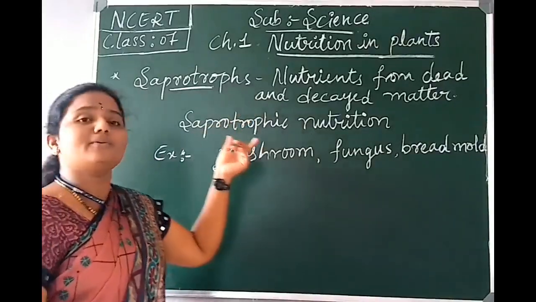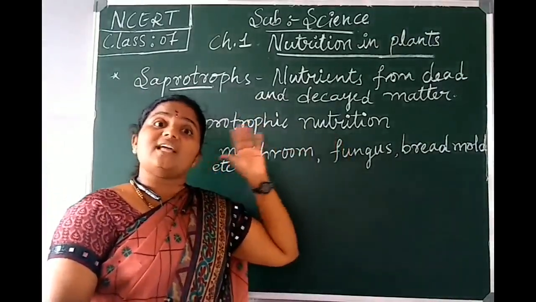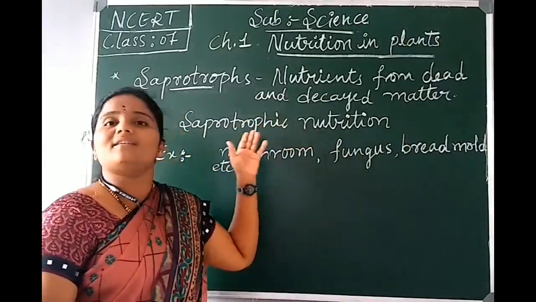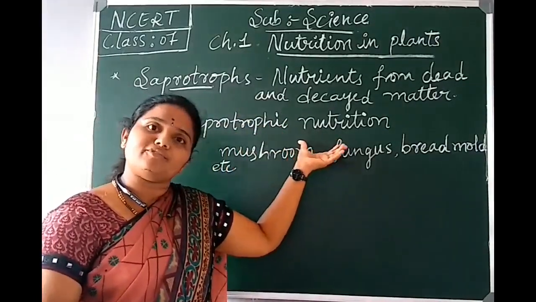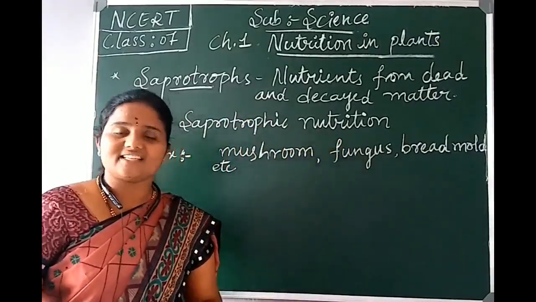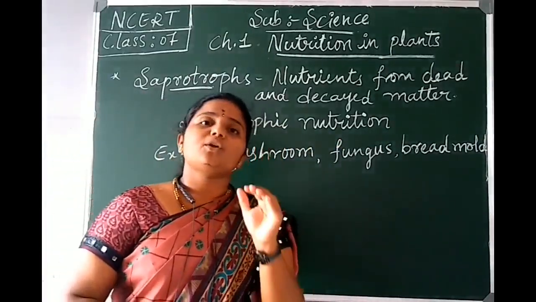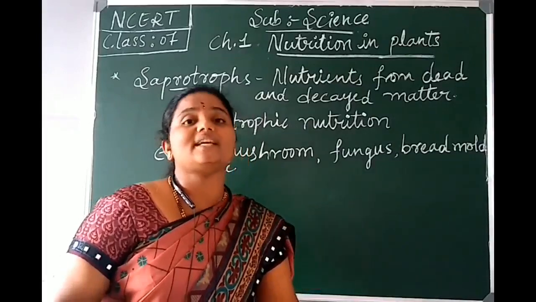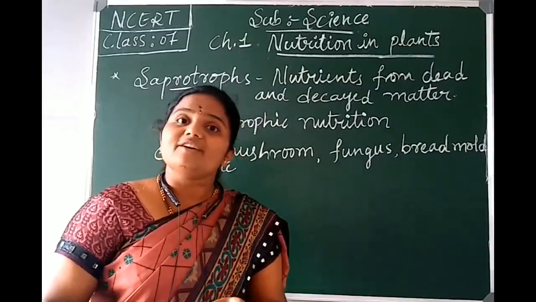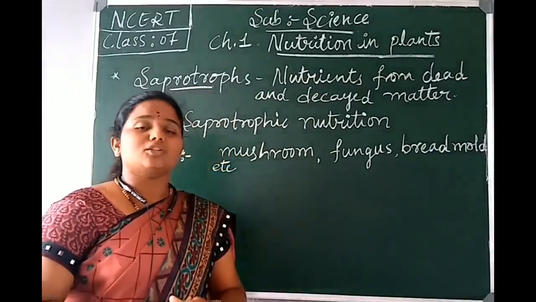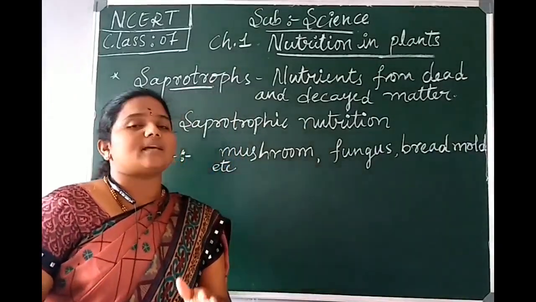And the mode of nutrition in which the organisms take nutrients from dead and decayed matter is called saprotrophic nutrition. Understand, children? Saprotrophs means the organisms that take their necessary nutrients from where? From the dead and decayed matter.